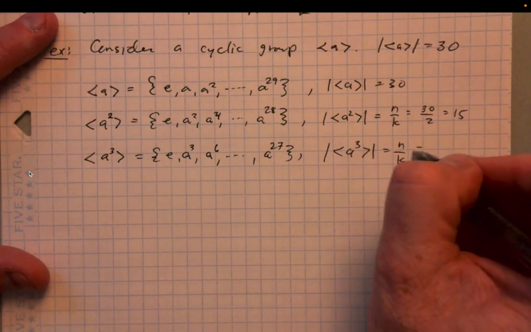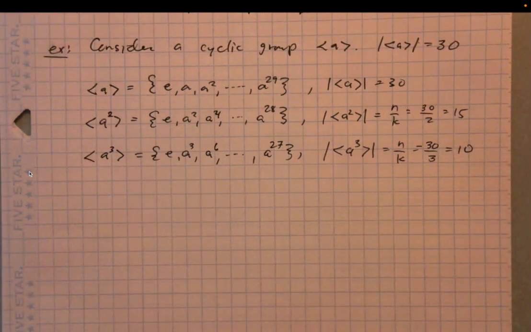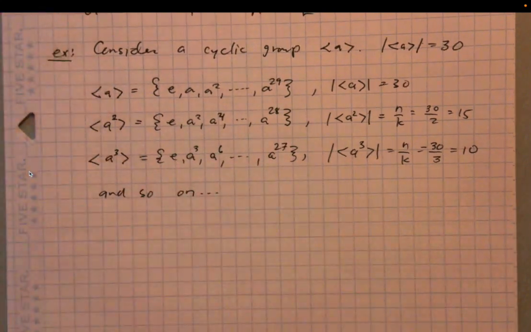In this case, it's 30 over 3, so you're going to have 10 elements in here, and so on. You could keep going. Basically, you're going to have a subgroup for every divisor of 30. We did 2 and 3 here. You would also have subgroups for 5, 6, 10, 15, and 30.